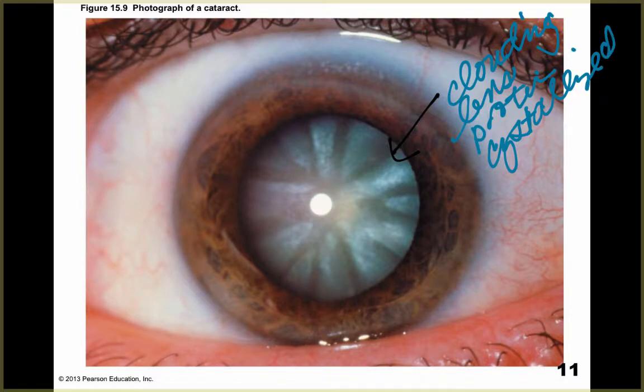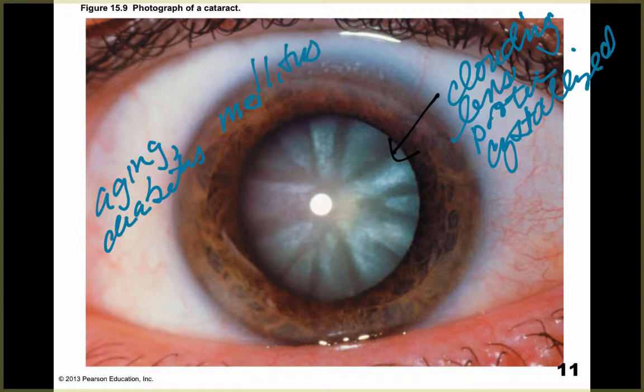This normally happens due to aging, diabetes, it can be more common in people that smoke heavily or are exposed to intense sunlight.